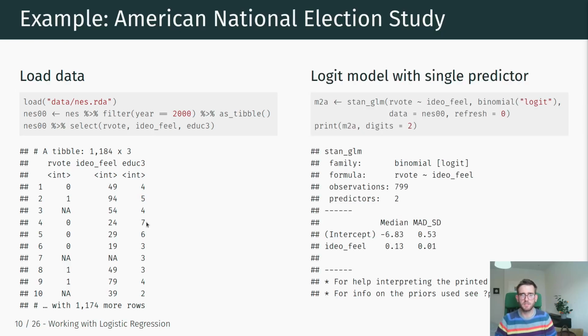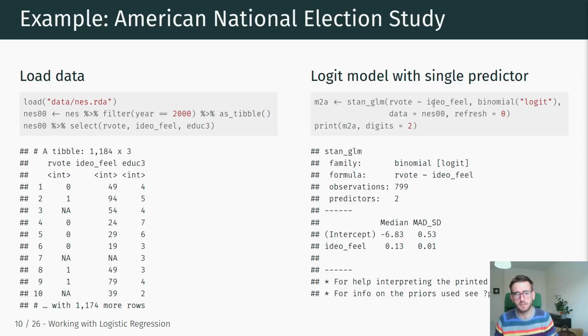If we run a simple bivariate logit model, now using just a single predictor, we can, for example, examine the relationship between voting for the Republican candidate in the 2000 election and this ideological feeling thermometer.